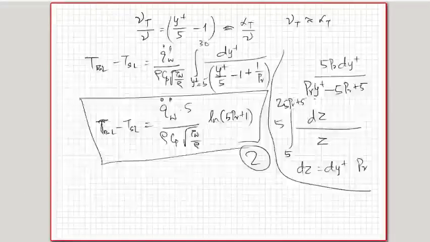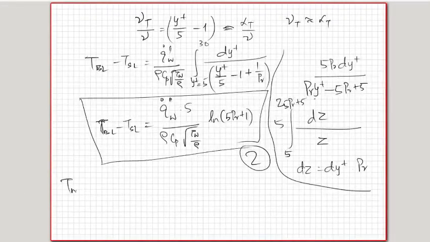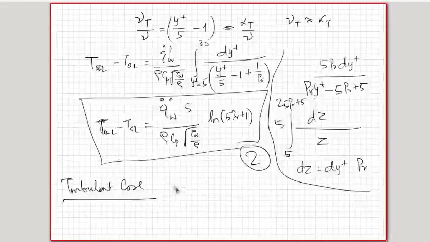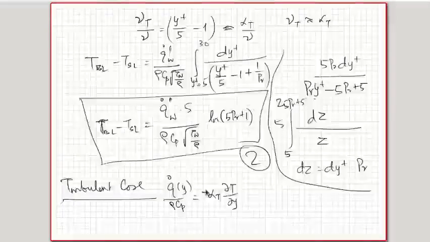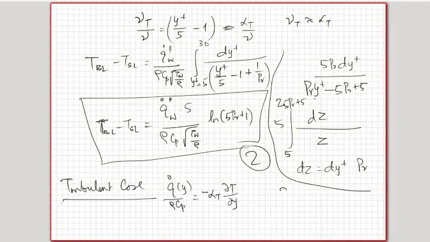Now the turbulent core, like we did in the Prandtl's model, we can do a similar thing here. Q dot at any y divided by rho Cp is equal to minus alpha t del T by del y, and tau wall by rho at any location is equal to nu t into del u by del y.